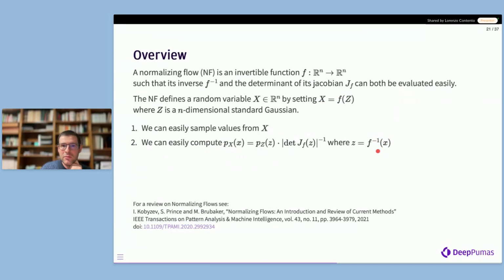So this is the formula that allows us to compute the PDF of x using the PDF of z, which is just the usual PDF of the standard Gaussian, the Jacobian of f, and the inverse of f. This comes from just the formula of change of variables for probability density functions.